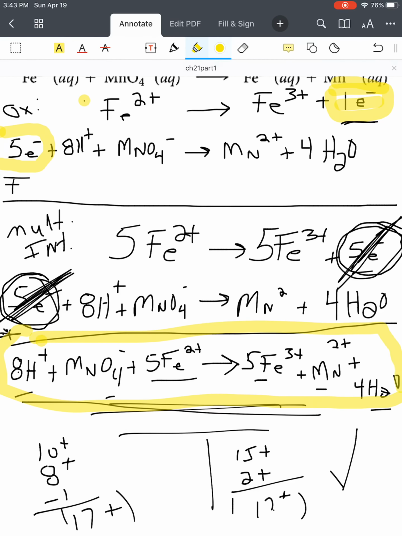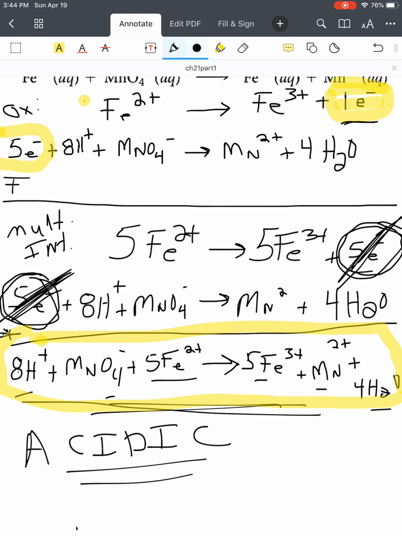Now, one detail. What I've just shown you how to do is to balance a redox reaction for one specific set of conditions, the acidic case. Remember back a few minutes ago, I said we could do this for acidic or basic conditions. What we have right here is the answer for the acidic conditions, but it would not be an acceptable answer for the basic conditions.